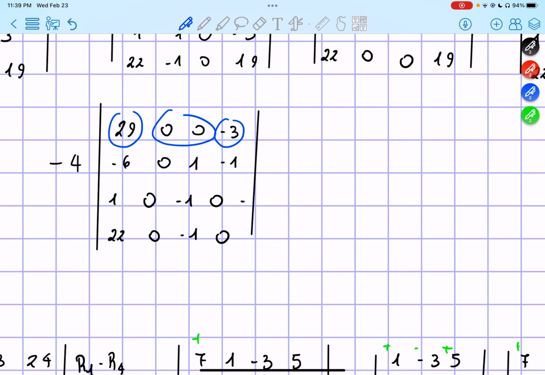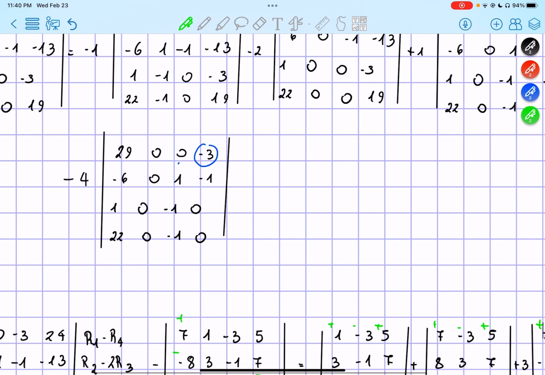So we'll have 29 that develops this matrix, which is a lot of 0 and just a lot of 1s. I can tell you probably it's going to end up being 0. And then the negative 3 will end up having the development of this one. Well, again, a lot of 0s and a lot of 1s. I'm not sure it's going to become a 0, but likely. And then same thing for the rest of them.